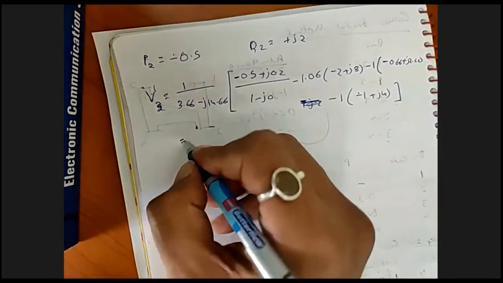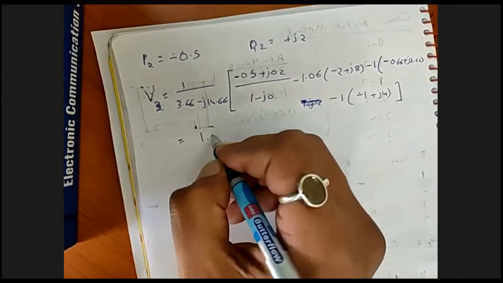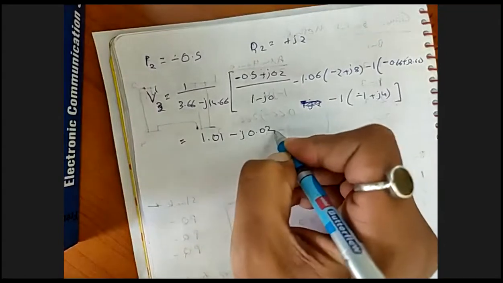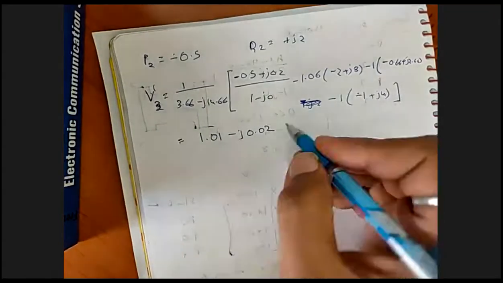So when we solve it, we get 1.01 minus J0.02 volt.